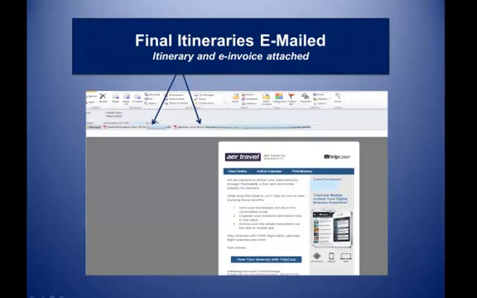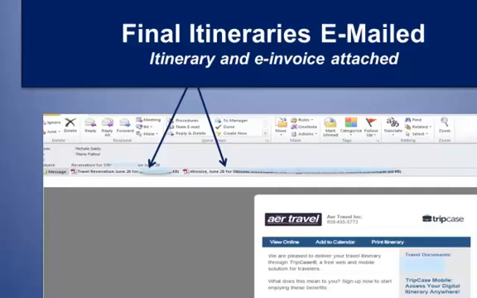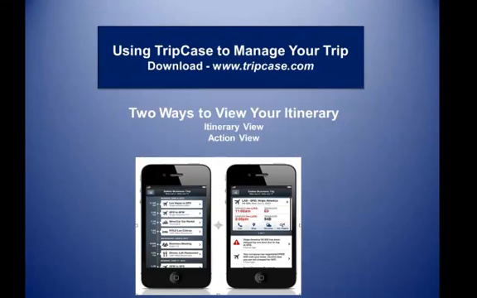The last part of this demo is the document delivery. Final itineraries are emailed automatically to you and anybody you have listed as an email recipient. Every trip will be emailed to you with a link to TripCase with your itinerary, as well as your reservation itinerary and your e-invoice automatically attached in the email.